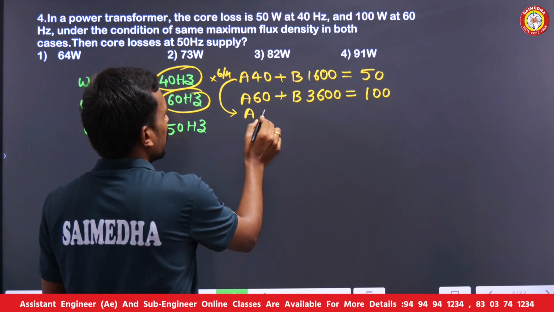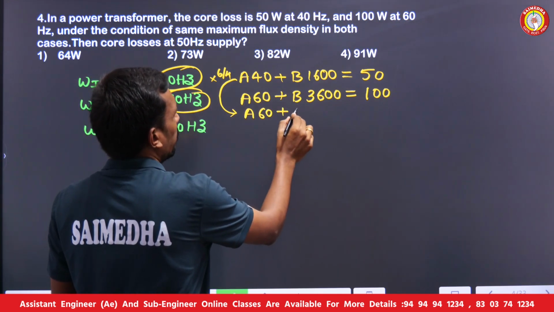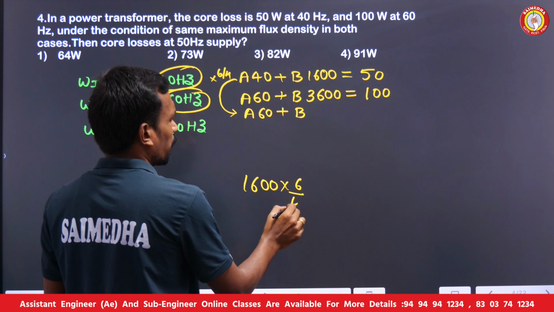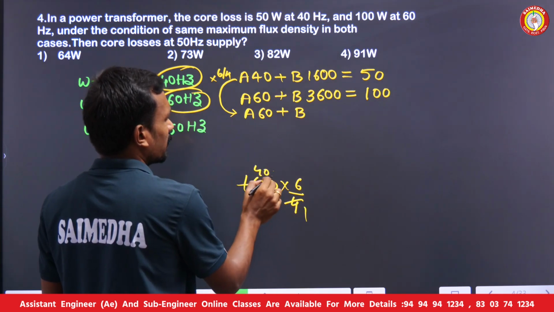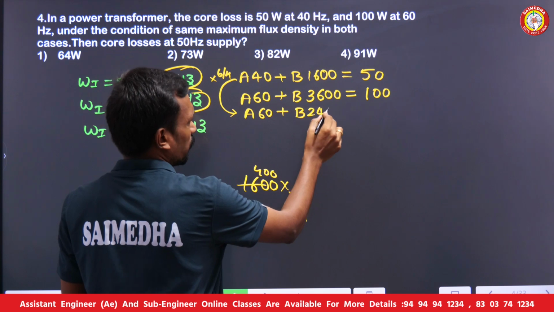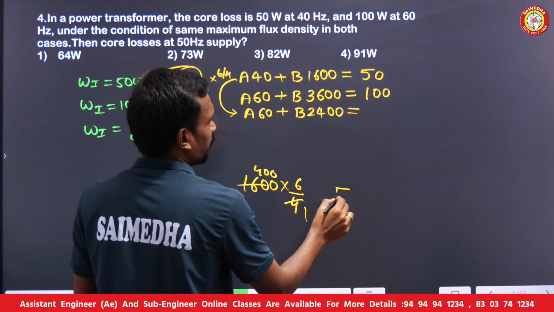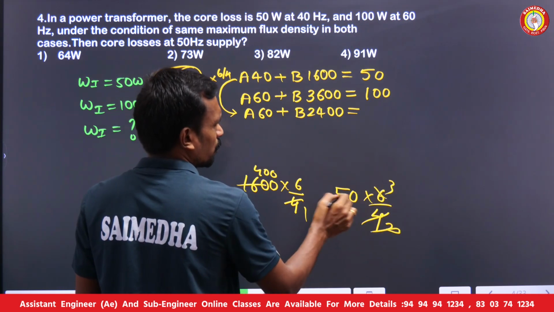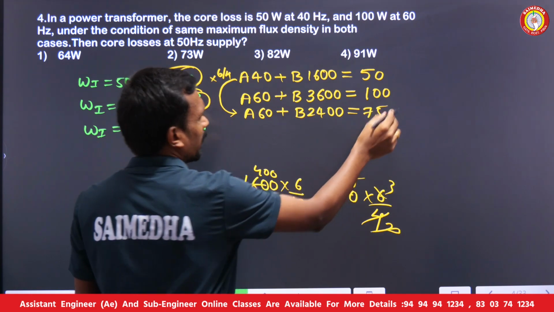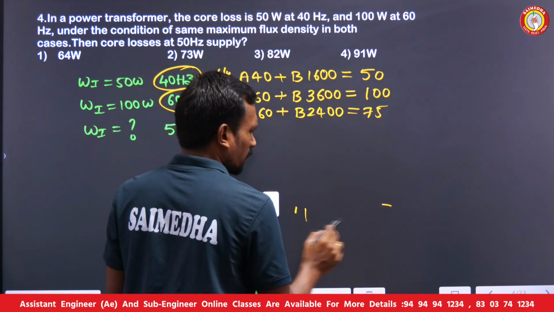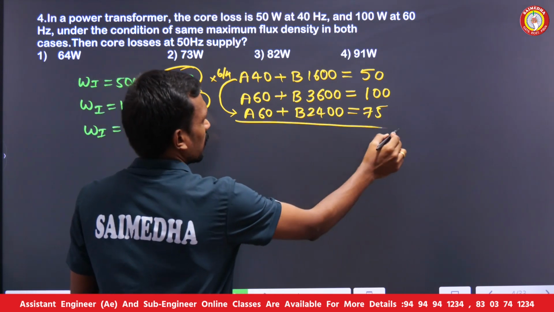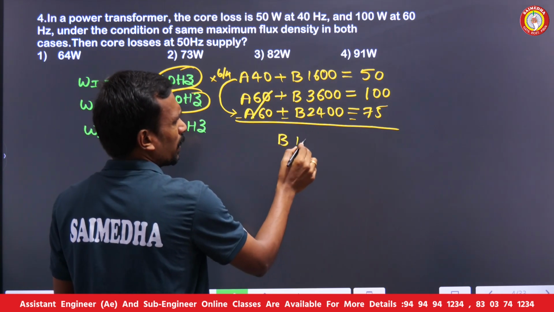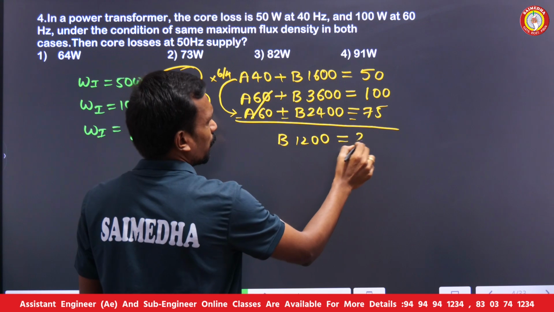Then the 4 cancels and we get 60. So the answer is A into 60 plus B into 1600 into 6 by 4, which is 2400. And 50 into 6 by 4 is 75. So try to solve these two equations. Here the A terms get cancelled, minus, and we get B into 1200 equal to 25.